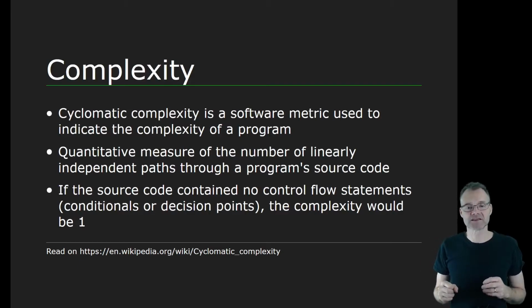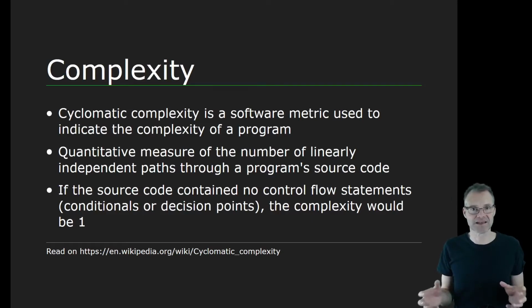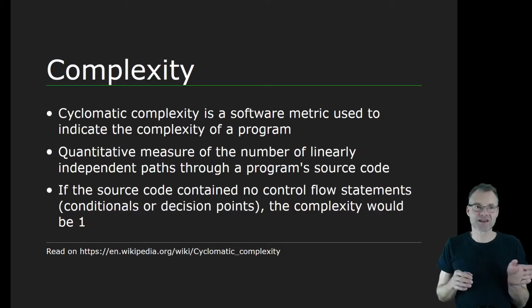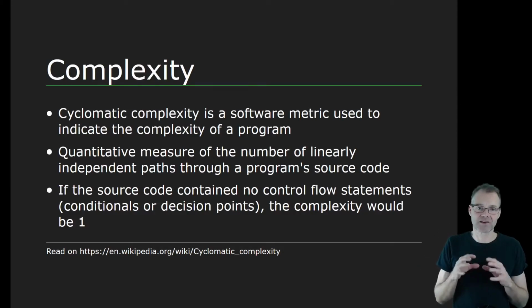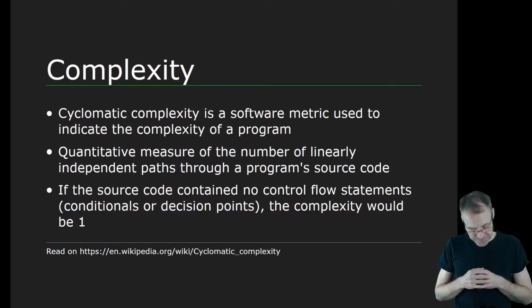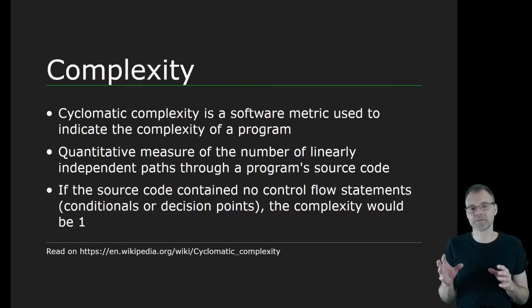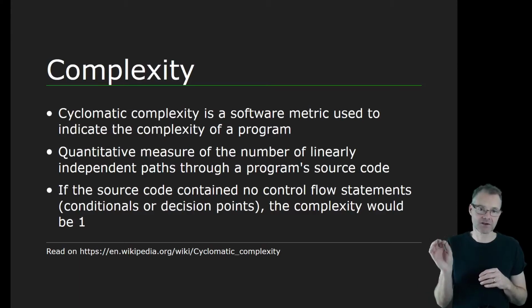Cyclomatic complexity is a software metric, and it's used to indicate how complex a program is. It's a measurement that generally says how many decision points there are in this code. If we take one method that's just returning a value, that would have a cyclomatic complexity of 1.